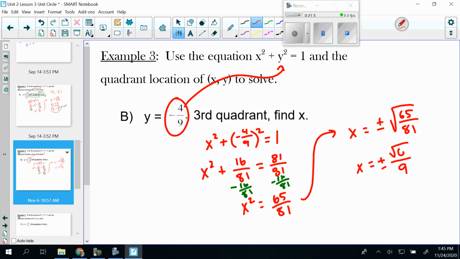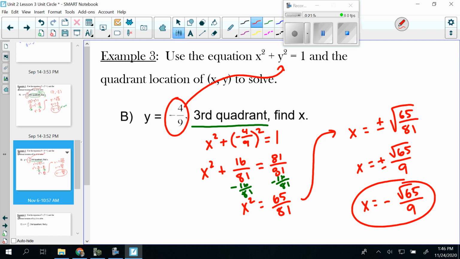So we'll just leave this as square root 65. Then which one do we want to use, positive or negative? We're in the third quadrant, and anything in the third quadrant is going to be negative for both, so we want to use negative square root of 65 over 9. We'd use the negative one because it's third quadrant.